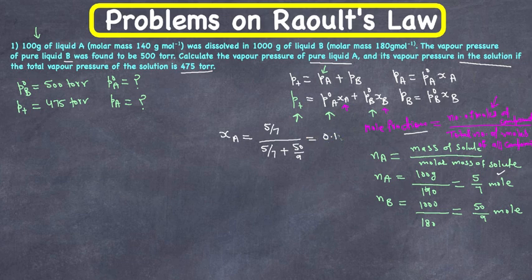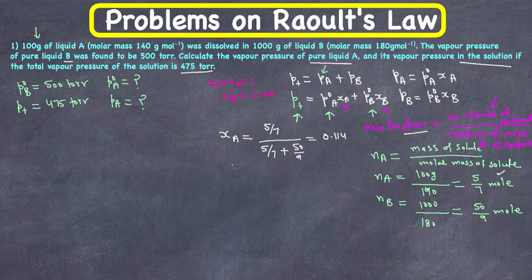and when we solve this mathematically, this gives me 0.114. Similarly, we can calculate XB, and there is another way to calculate XB, because we know for all solutions the sum of the mole fractions of all the components is going to be 1, and in our case we have a binary solution, so XA plus XB is equal to 1, and if we know one we can calculate the other, so XB is going to be 1 minus XA.